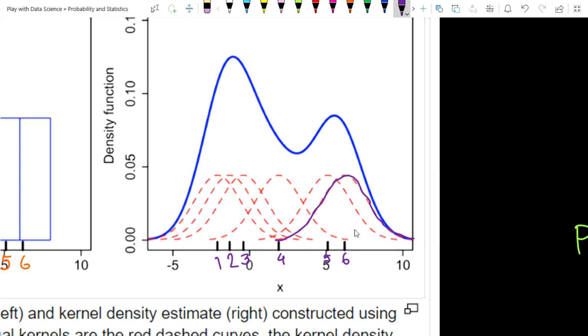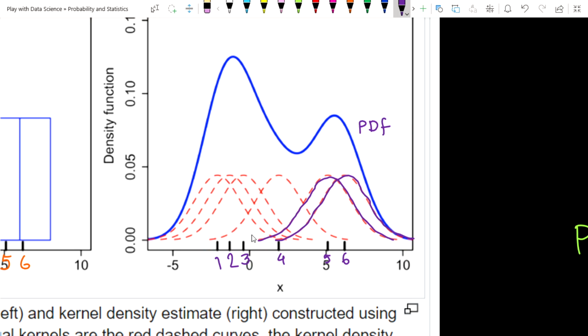This is for the sixth data point, and this is for the fifth. From these Gaussian functions, we have to estimate the probability density function.